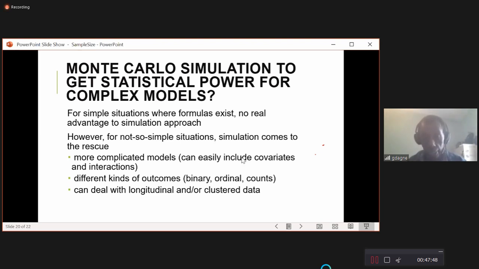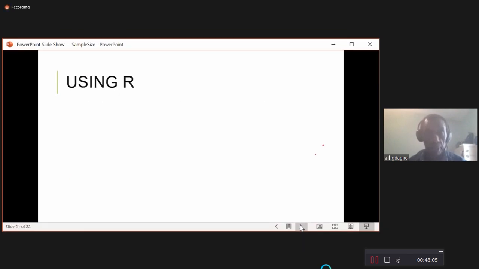So I encourage you to work on the Monte Carlo simulations if you haven't done so before, to be familiar with how to do this complex power and sample size work. Still, R has a program. I'm going to leave that with you.